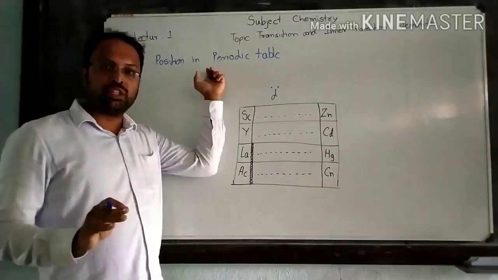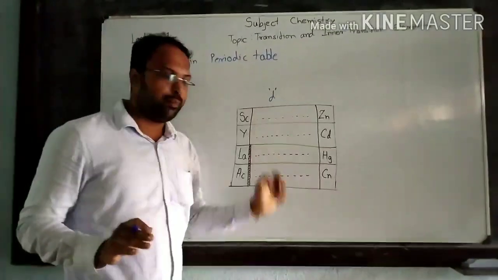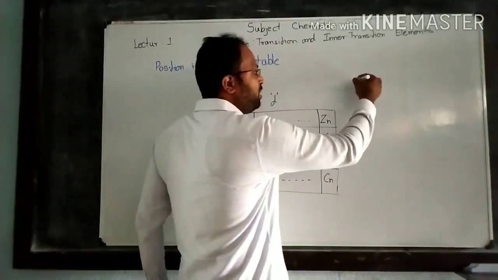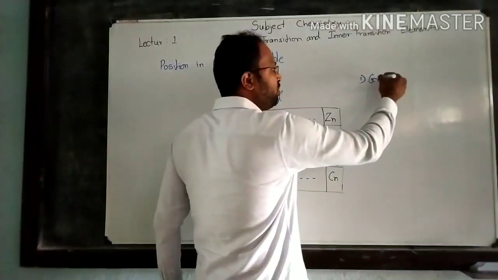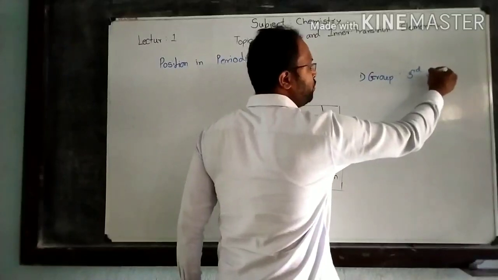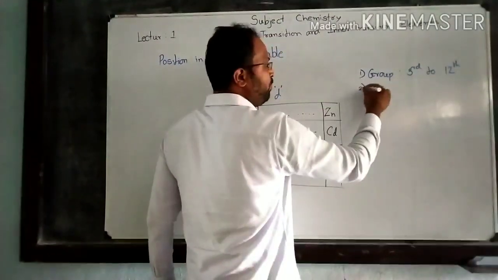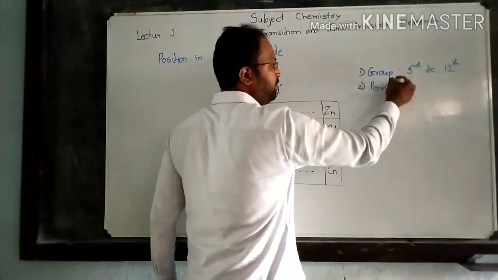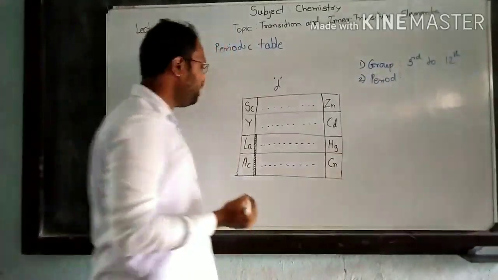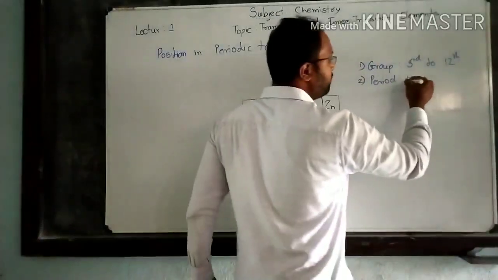Now we focus on a new point, the position in the periodic table of d block elements. The position of d block elements is between groups 3rd to 12th, while periods, as we saw previously, are 4th to 7th.